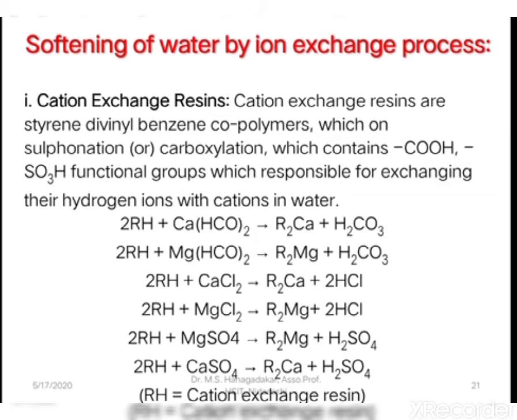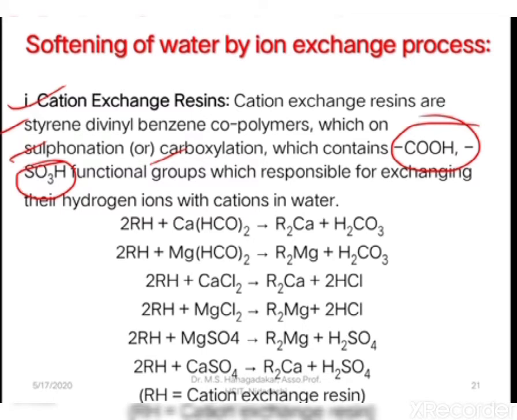Here, for cation exchange resins, an example is given: styrene divinyl benzene copolymer, containing the functional group of sulfonic acid or carboxylic acid. Here is the carboxylic group as a functional group, and here you have the sulfonic acid functional group.